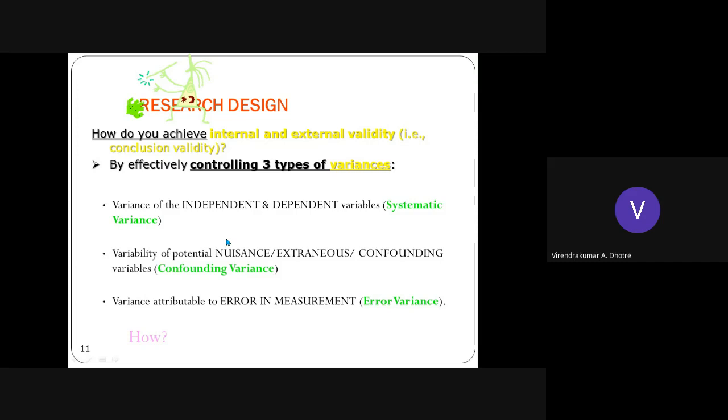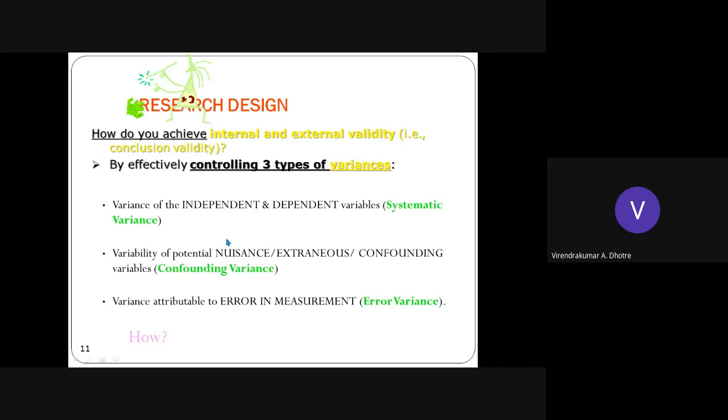The third variance is error variance, which is about measuring error. Sometimes the error is very small, sometimes very big. This is the variance between the results and attributes we are calculating and measuring. Such error variance also we have to control, so that error is always minimum.